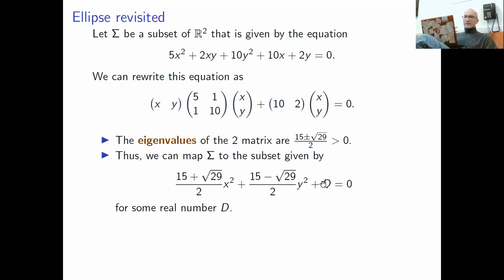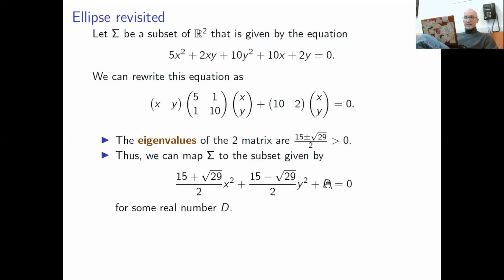This number I can actually compute if I follow every step of my classification theorem. But I don't want to do this because it's actually very time consuming. So instead, let me just play some game. Look, I know that this subset after rotation is given by this equation.